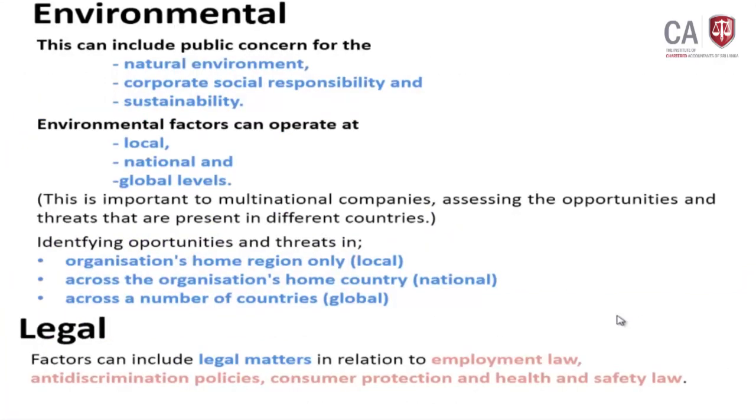Environment. The environmental factors can include public concern for the natural environment, corporate social responsibility and sustainability. These are the environmental factors highlighted here, and they will affect the organization. Normally an organization has to be concerned about CSR projects, corporate social responsibility.